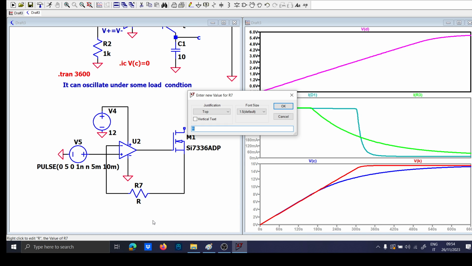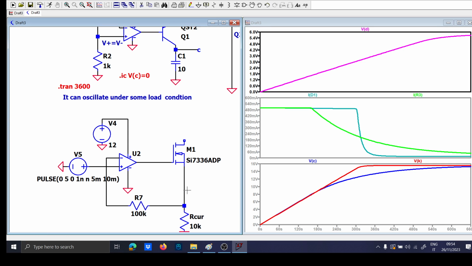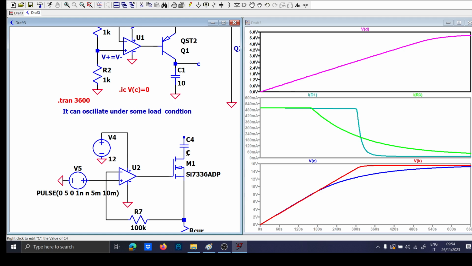Let us put a feedback resistor of 100 kilo ohm, and now you design the programming current with the resistor here, R-car. For instance, let us put 10 kilo ohm, and let us put a very high side load, 10 micron.